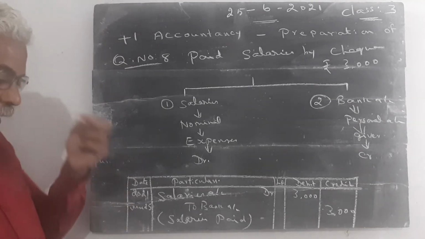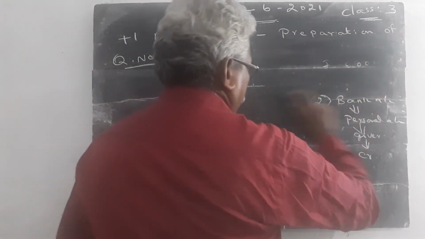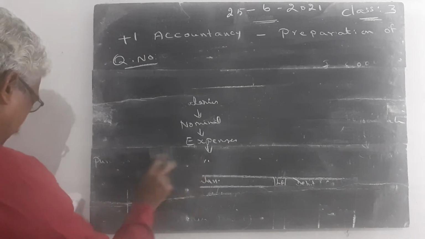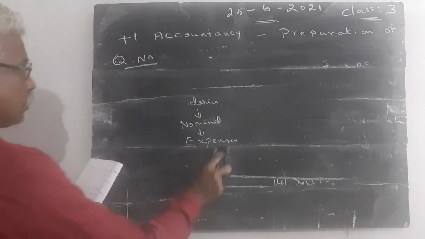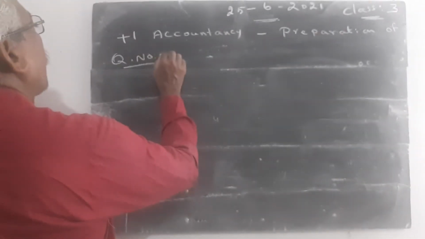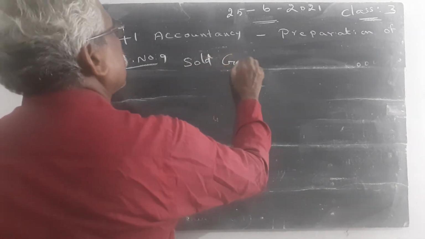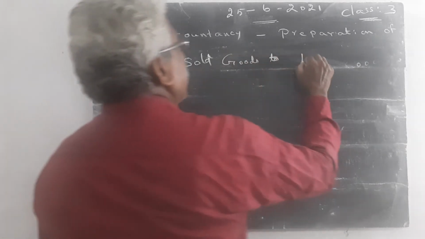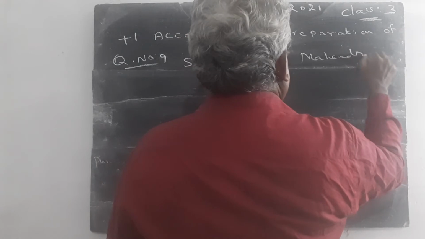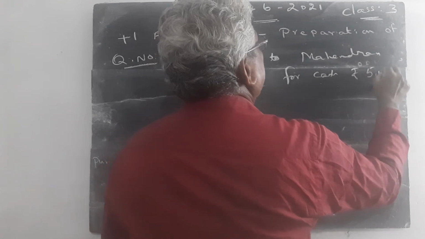Then question number 9. Sold goods to Mahendran for cash, rupees 5,000.